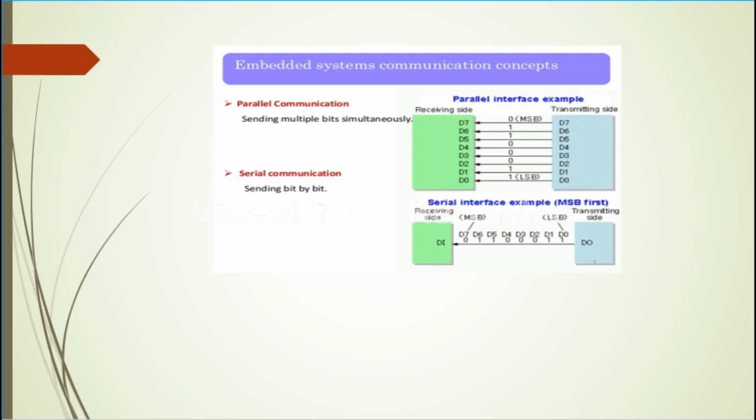To explain that further, in parallel transmission, you have many bits, not all. Those bits are divided into parts, and those are flown together simultaneously from one device to another. So it's obvious why parallel transmission is faster than serial.